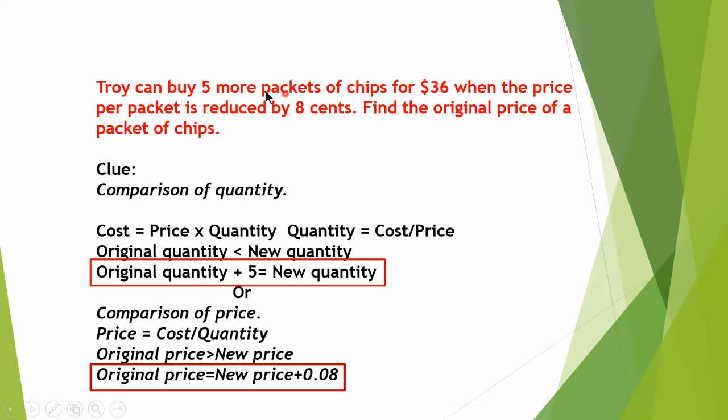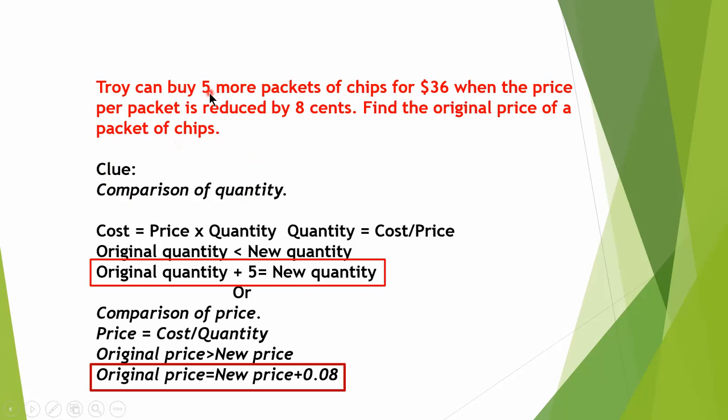So they are talking about prices and quantities here and cost. So Troy can buy 5 more packets of chips for $36 when the price per packet is reduced by 8 cents. So here again a comparison. Find the original price of a packet of chips. So clue, comparison of quantity.